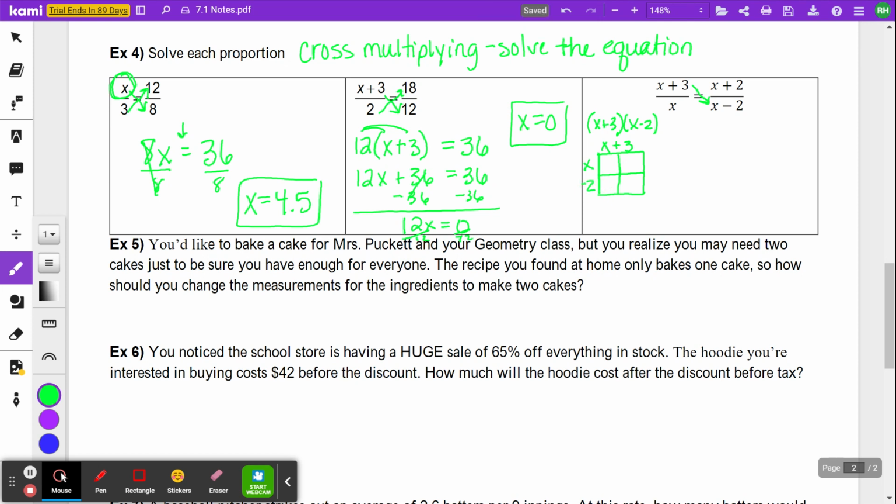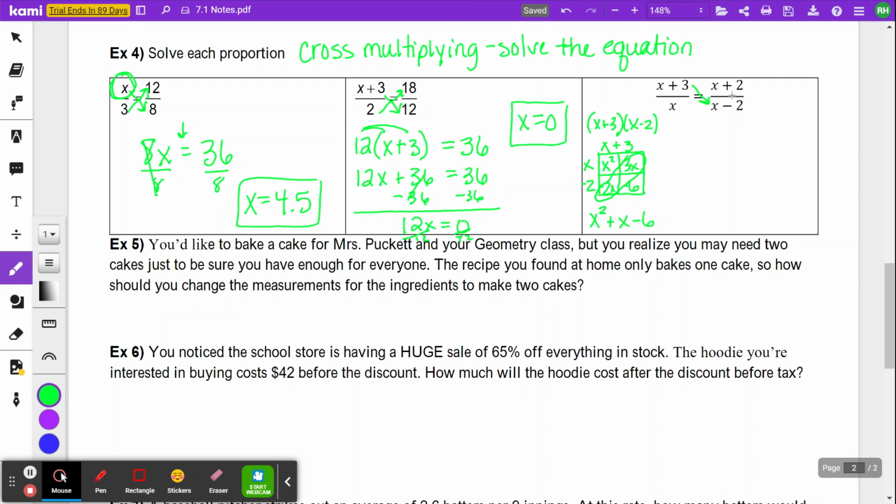Then we multiply and we drop the answers in the box. So x times x gives me x squared. x times 3 gives me 3x. This is negative 2x, and then negative 6. These across here combine like terms. So we've got x squared, 3 minus 2 gives me 1x, and then I have negative 6.